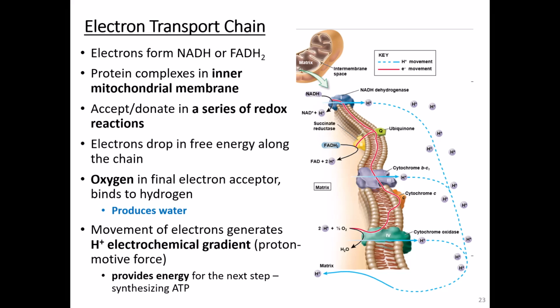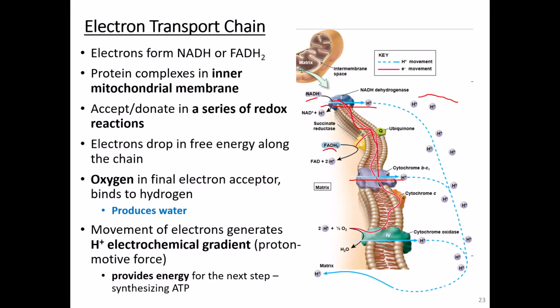And the electron transport chain is literally a series of protein complexes in the inner membrane of the mitochondria. And so NADH and FADH2 donate hydrogens and electrons, and those hydrogens are pumped across this inner mitochondrial membrane, and then the electrons are passed down this electron transport chain.